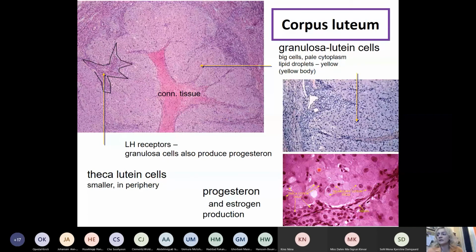And if you go to higher magnification, you can see that the cytoplasm is filled with lipid droplets, is really pale because of the lipid. So they produce lipid hormones. The theca cells also produce these hormones.